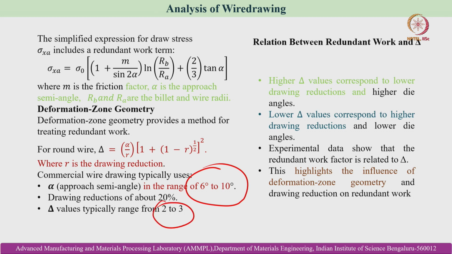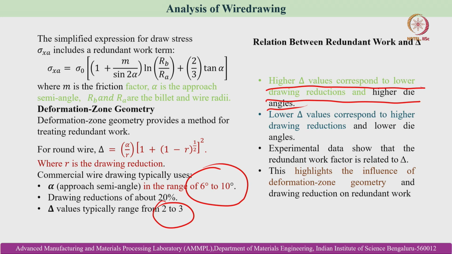So, the relation between redundant work and delta: higher delta values correspond to lower drawing reductions and higher die angles. This is an interesting thing that you should consider. Whereas lower delta values correspond to higher drawing reductions and lower die angles. So, they are counterproductive to each other.